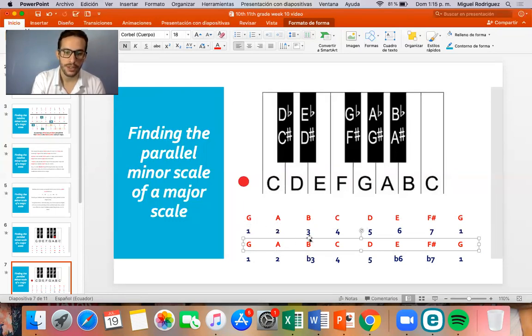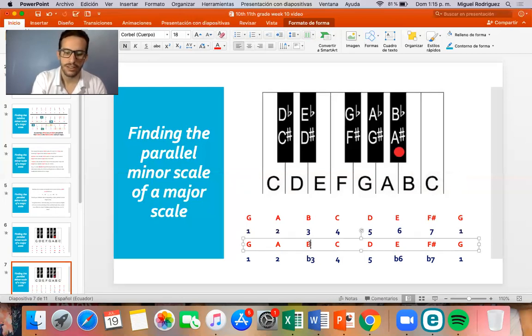Then on the third one, okay, we have here flat 3. So we put the red dot on the 3 here. And you see here in the major scale, the 3 is B. Let's go to B. Okay, and then flat 3 means that we're going to go a half step down from B, and we are in B flat.